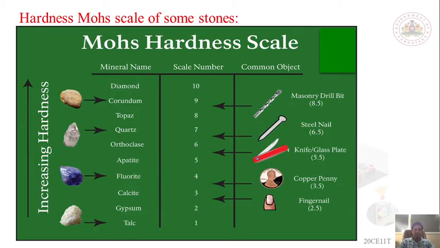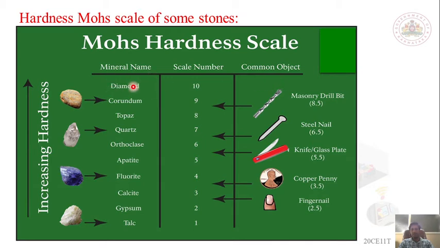This is the Mohs scale. In this scale you can see the minerals arranged like this, then the scale number is given, then common objects are given to test. In increasing order, from the bottom is low and at the top is high. So this is soft material, and it becomes harder up to the diamond.